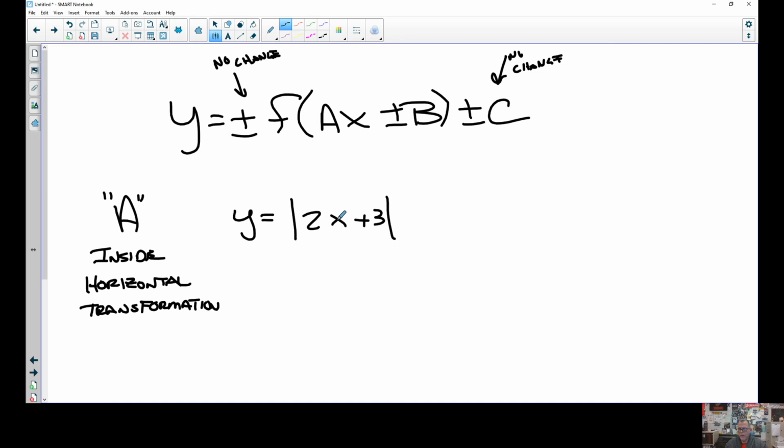Well, the 2 inside, think about what's happening to our graph. The 2 on the inside is now saying, all right, if I was at 1, normally I would be saying, I'm going to move left 3 and it'll go up twice as fast, right? So there's kind of this weird middle ground here.